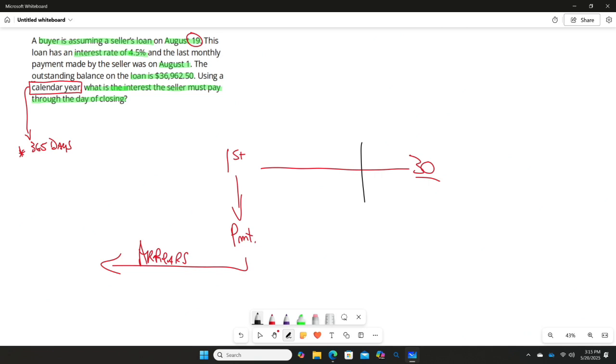So I'm going to come over here and put the 19th. And so in this example, we have to figure out what are the 19 days of interest that the seller owes, okay? And remember, the seller's paying the day of closing as well. We're closing on the 19th. They're paying that.